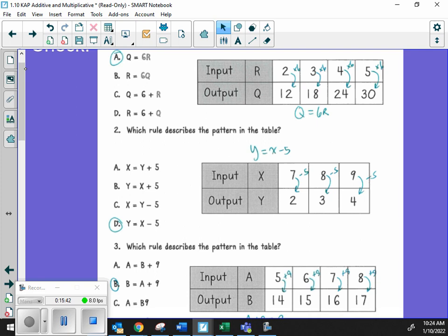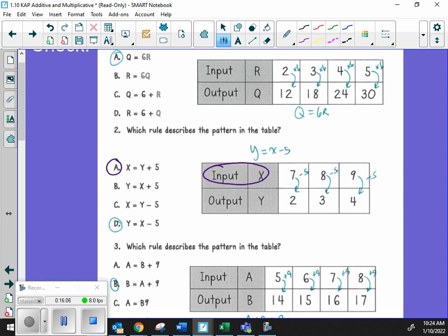Correct. There is not a subtractive pattern, but you can have subtraction in your patterns, okay? You always want your y to equal, you want to do all the math for your x so that you get your output of y. So if you put A as your answer, again, you want to always work with your input value and do whatever rules to that, okay?